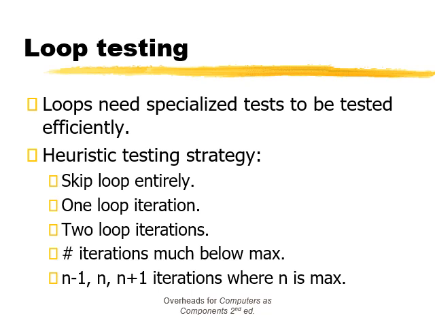So the testing strategy includes: skip the loop entirely, one loop iteration, two loop iterations, a number of iterations much below the maximum, n-1, n, and n+1 iterations, where n is the max. So we can perform these testing strategies.